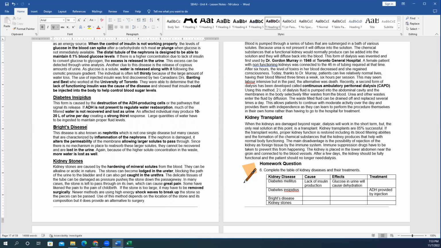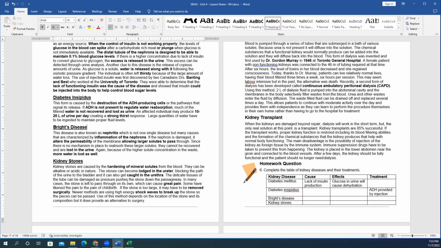Some have likened this type of pain to childbirth. It's very painful, I've heard. But if the stone is too large to pass on its own, then it has to be surgically removed.